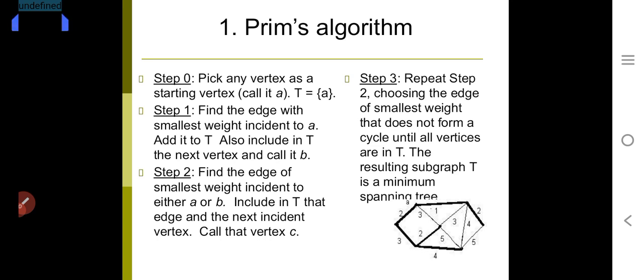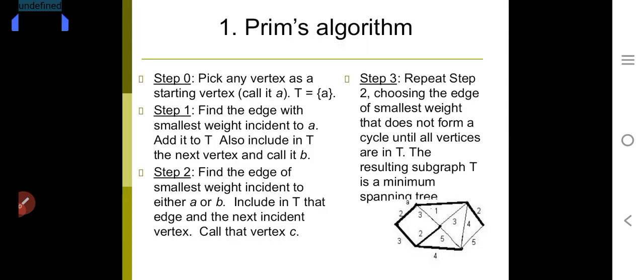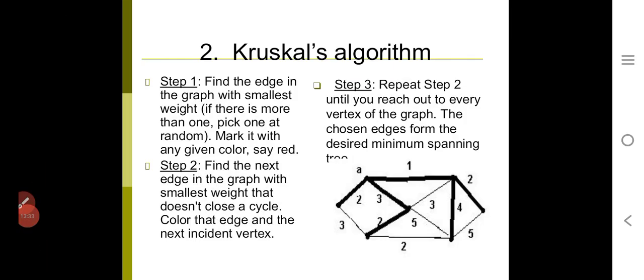Then the second method is Kruskal's algorithm. This is one of the methods to find the minimum spanning tree by coloring a vertex or edge. First we find the edge in a graph with the smallest weight and color it.